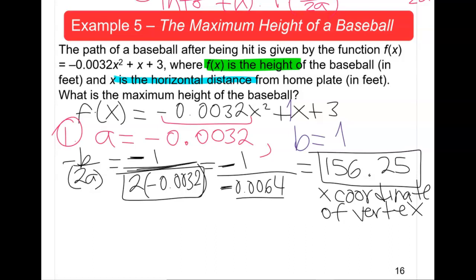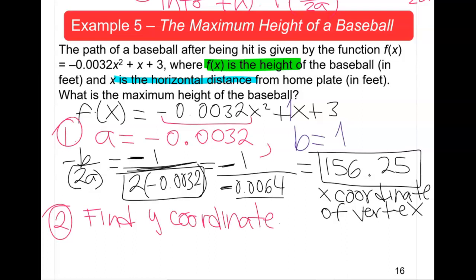Okay, now step number 2 is to find the y coordinate of the vertex. So then we're going to use f of the number we found for x, 156.25. And what are we going to do with that?